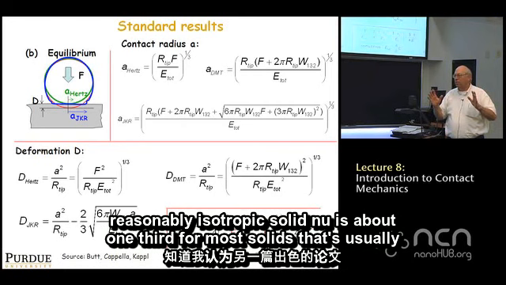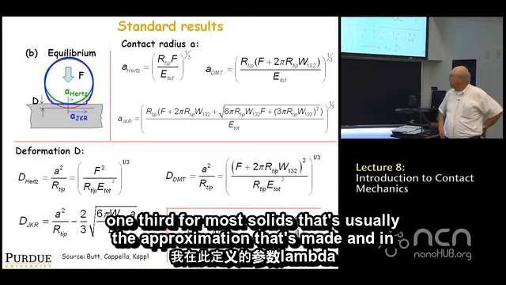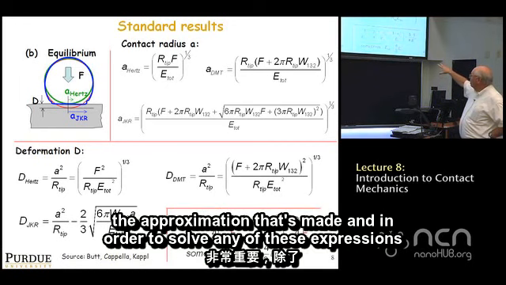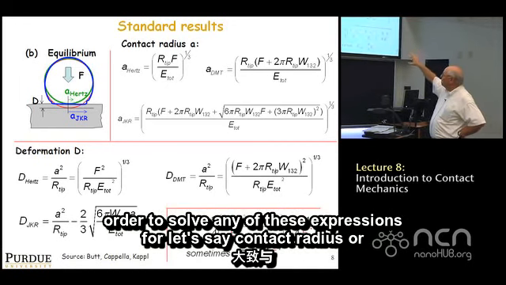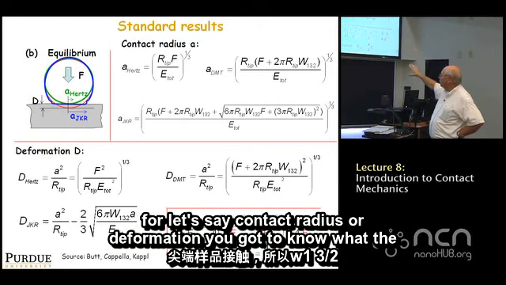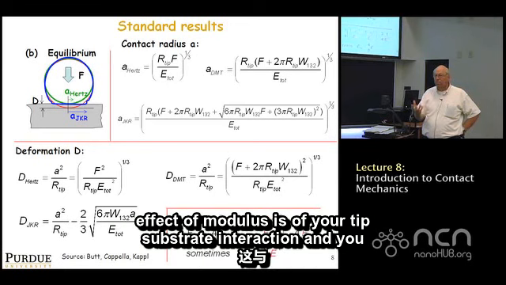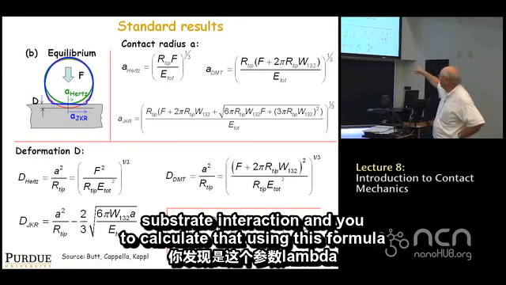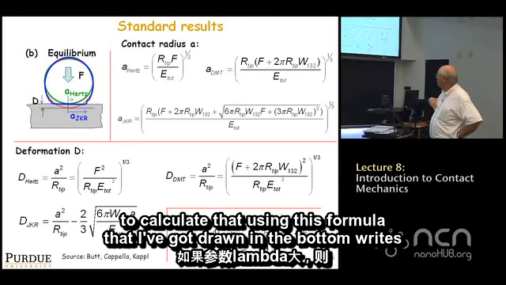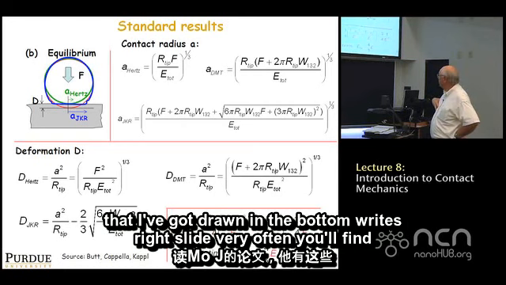That's usually the approximation that's made. And in order to solve any of these expressions for, let's say, contact radius or deformation, you've got to know what the effective modulus is of your tip substrate interaction, and you have to calculate that using this formula that I've drawn in the bottom right of the slide.